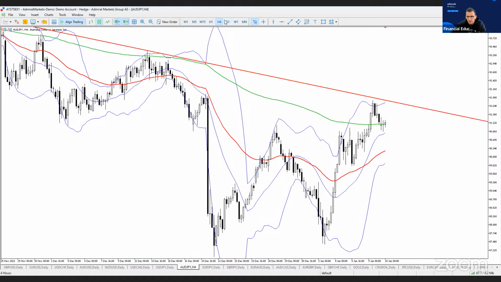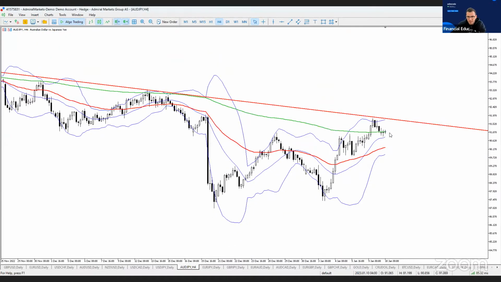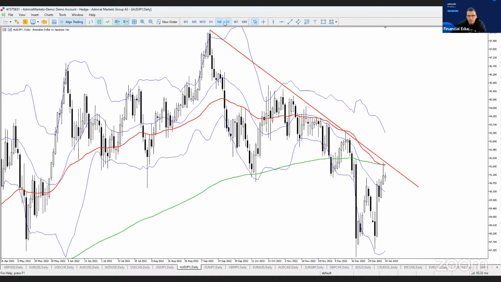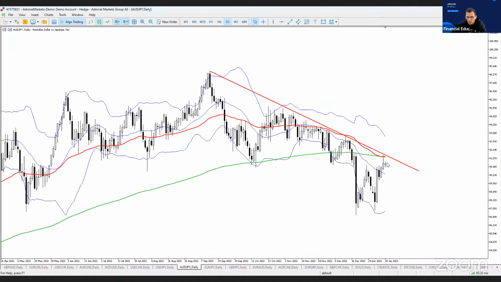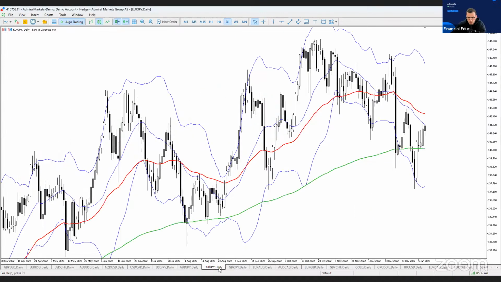Now, further analysis on the 4-hour chart may help a bit if we see a double top, before we take the trade. For now, I don't think so. I'm not going to enter this trade short, to be honest.